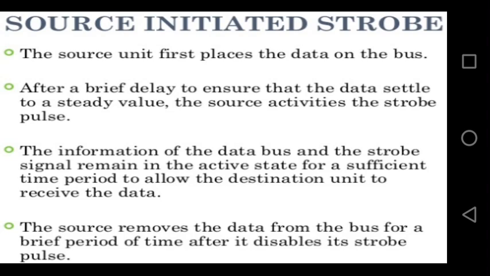Source initiated: the source unit first places the data on the data bus. After a brief delay, to ensure that data settles to a steady value, the source activates the strobe pulse. So it gives some gap and then sends. First it places the data on the data bus. Once the data on the data bus is active, then source sends some strobe pulses on a separate line.